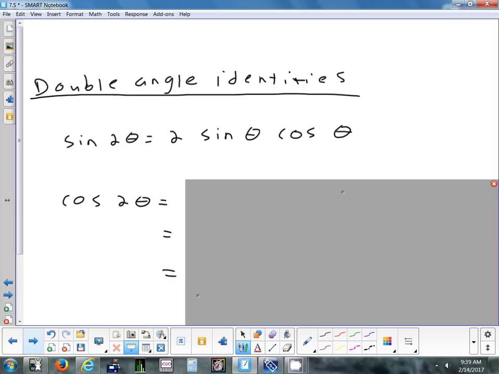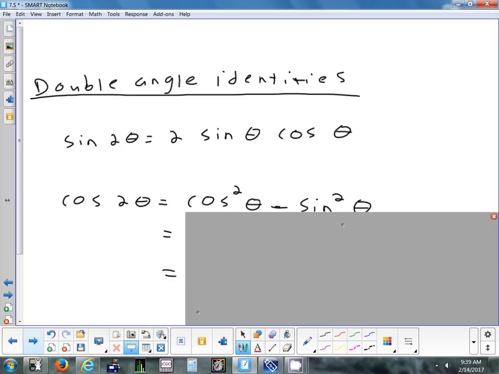For cosine, there are 3 different ways to do it. We don't go through the proofs of where these different formulas come from, but I'll show you what they are. One way to get rid of a 2 in front of an angle with a cosine is to do cosine squared theta minus sine squared theta.